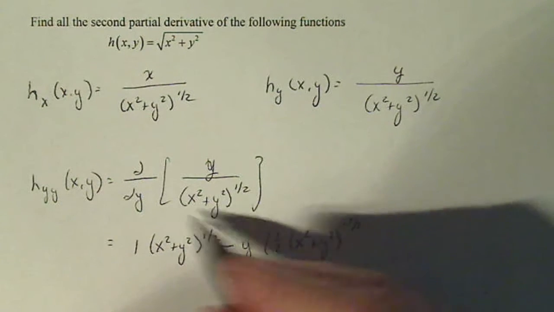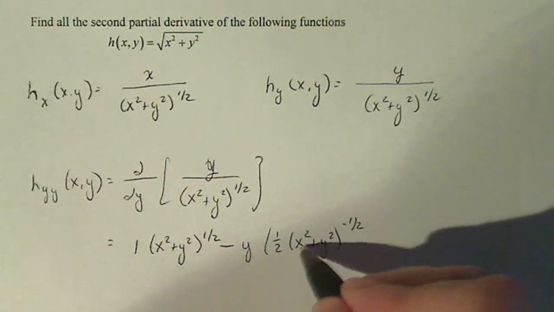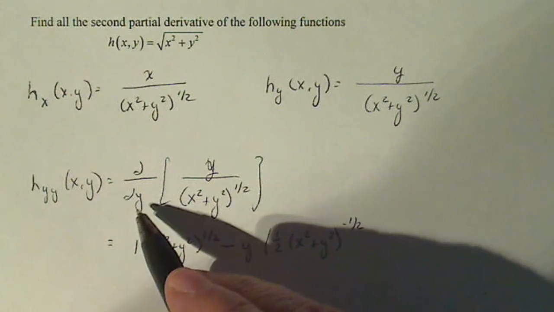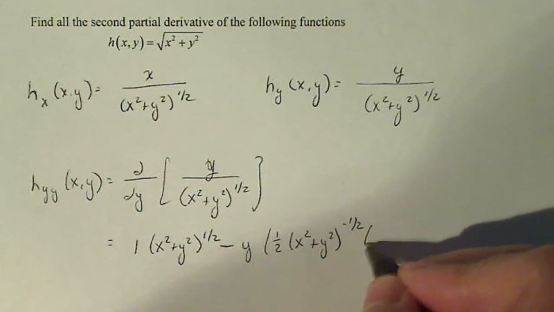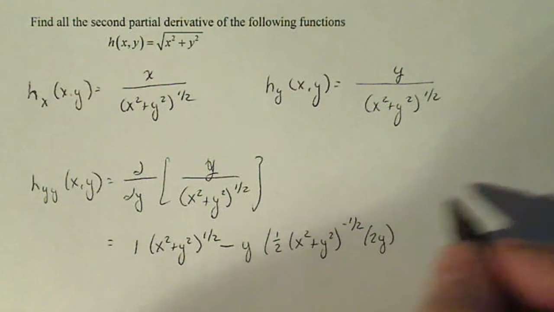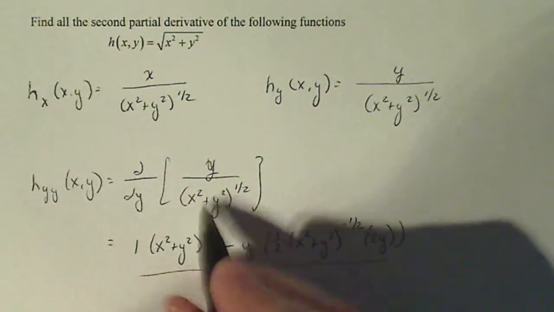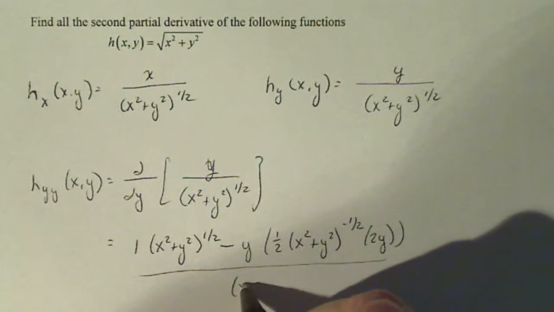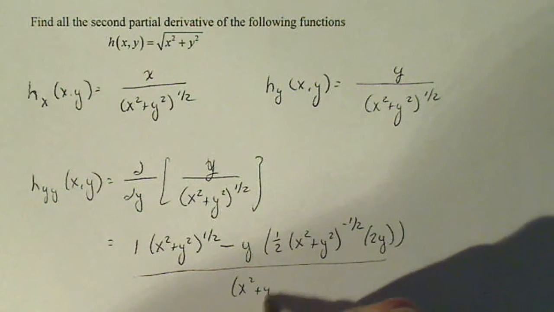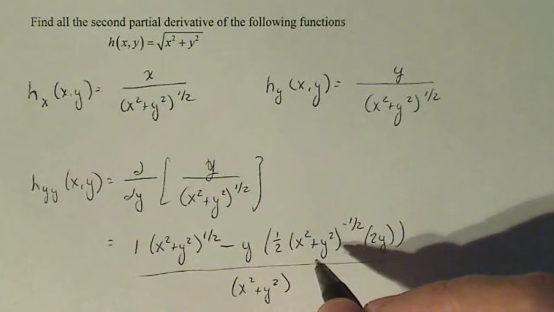Derivative of the outside evaluated at the inside times the derivative of the inside with respect to y. So that's just going to be 2y, all over the bottom squared. So the bottom squared just turns out to be x squared plus y squared to the first.